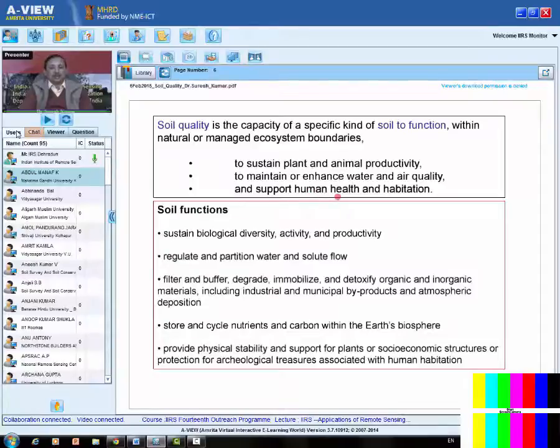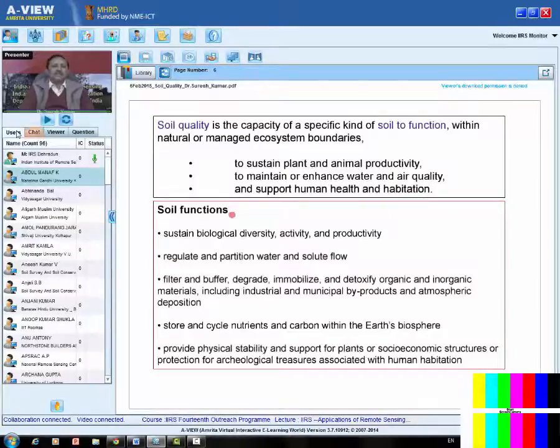That's why soil quality is related to human health. In the case of habitation, suppose your area is waterlogged, degradation has taken place, or effluents from the industrial sectors collect over the surface of the soil. Then it affects your habitation or settlement. So soil quality also affects habitation.